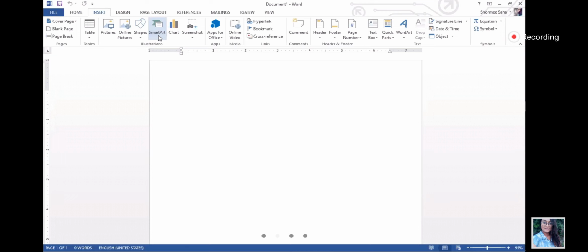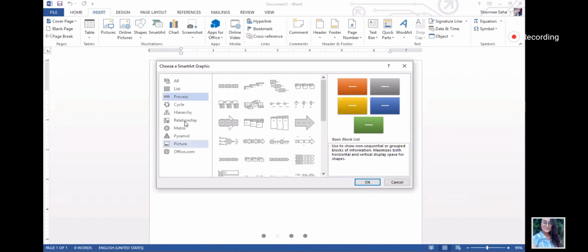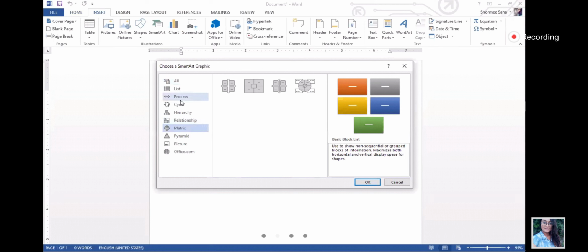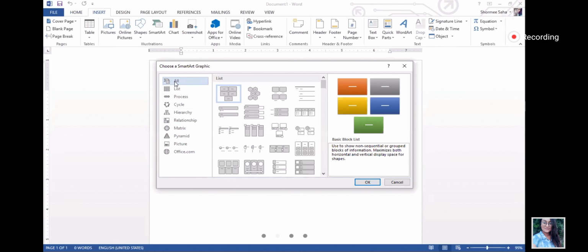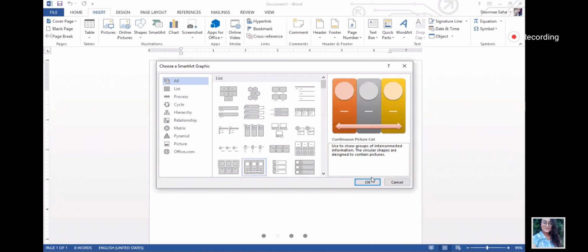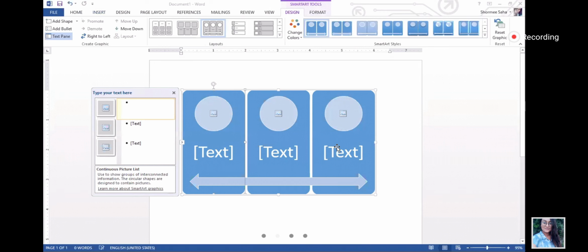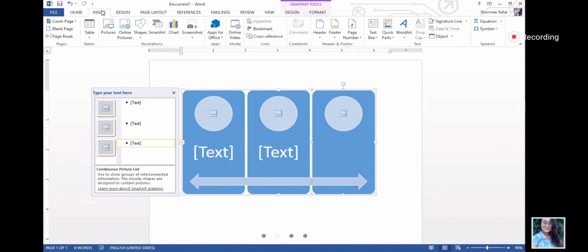If I want to insert some SmartArt, there are several SmartArts here. Suppose I want to show some process, or some categories, or some workflow. It is possible to show workflows here, and I can represent this data in my own way.